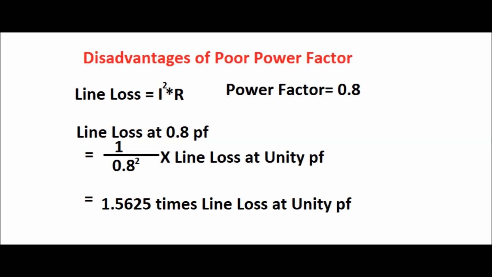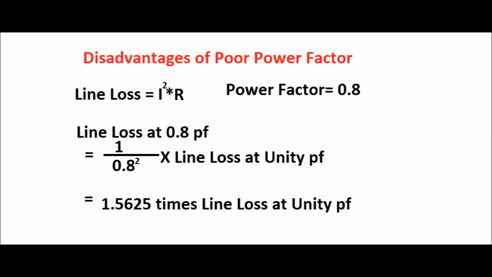Consider the power factor as 0.8. Therefore the line loss at 0.8 power factor will be equal to 1 by 0.8 square times the line losses at unity power factor, that is equal to 1.5625 times that of the line losses at unity power factor.